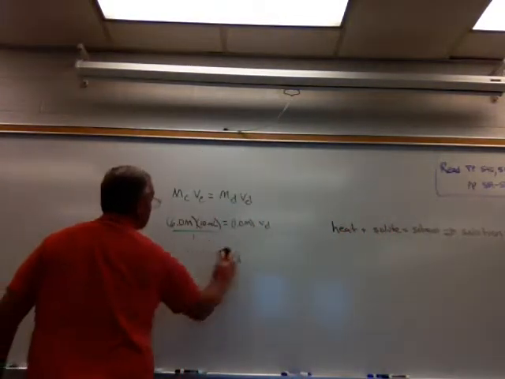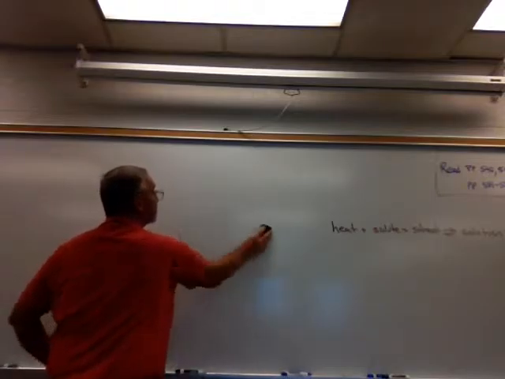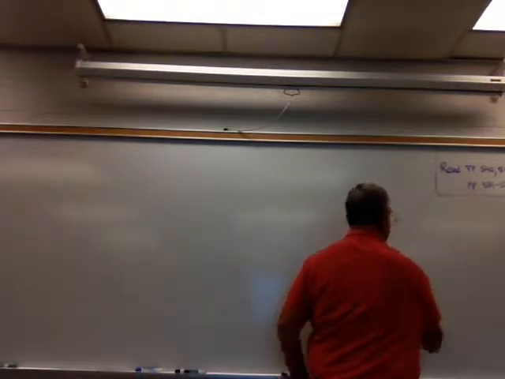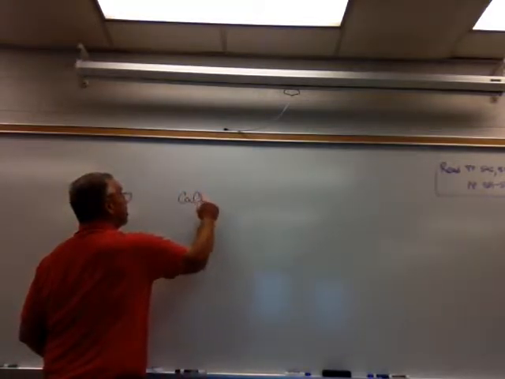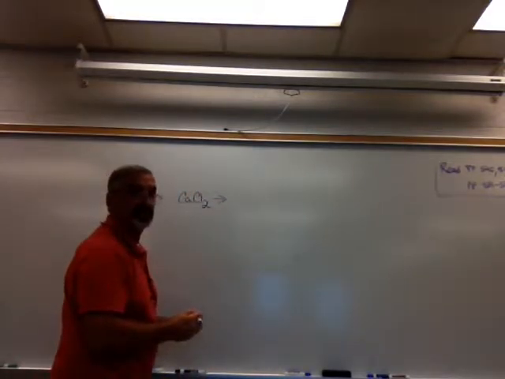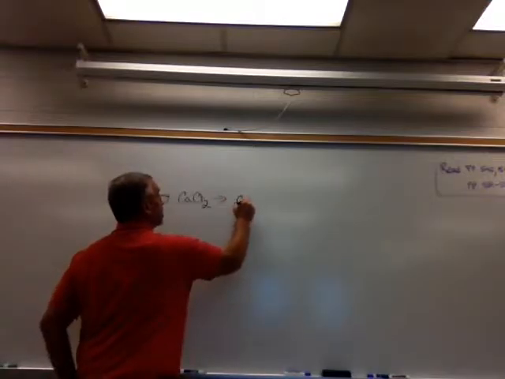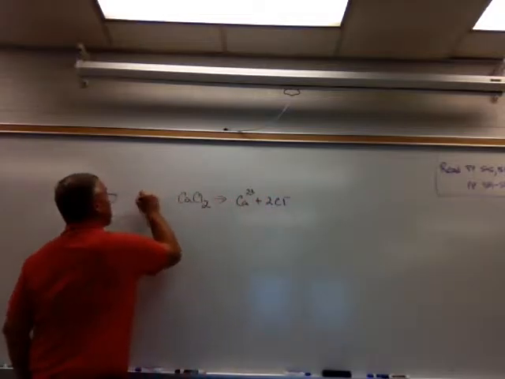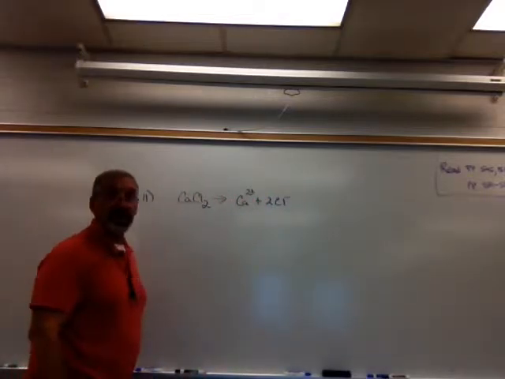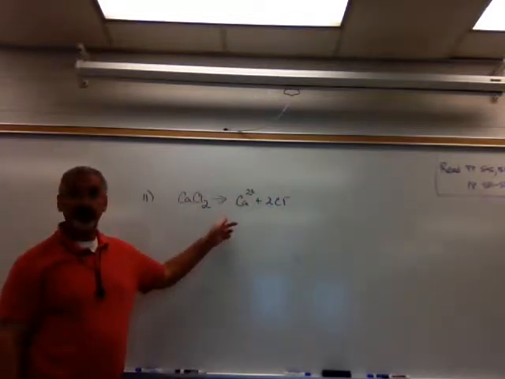Now, breaking up into particles. This is really like our net ionic equation. What is calcium chloride? What's it going to break up into? Number 11. I missed 11. Ca and two Cl. So how many particles are we going to get? 3.